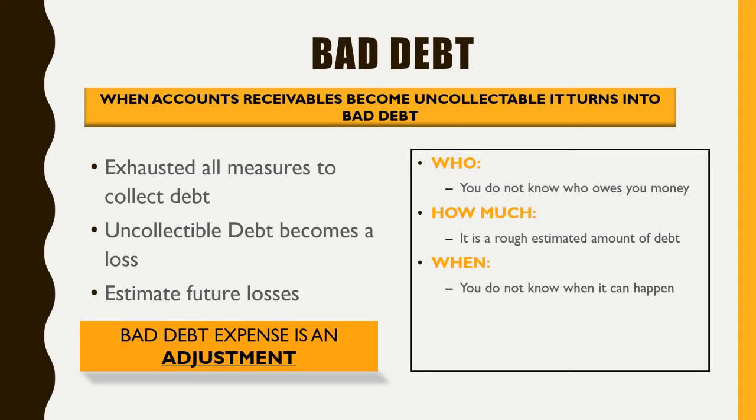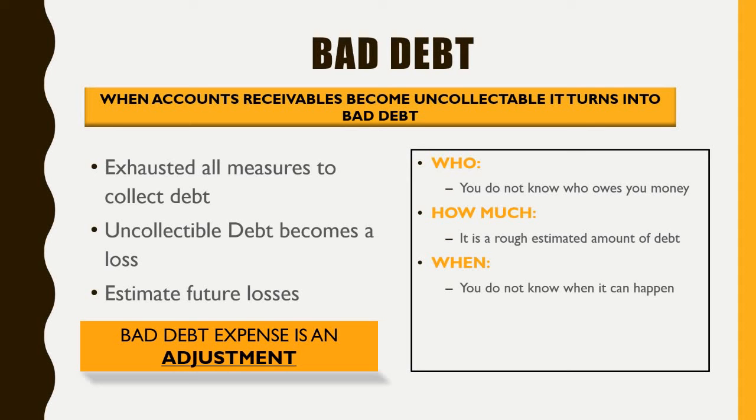Typically, any major corporation such as Walmart, which allows a million, even a billion people to have accounts, can automatically assume that you're not going to be able to collect at least 5%.